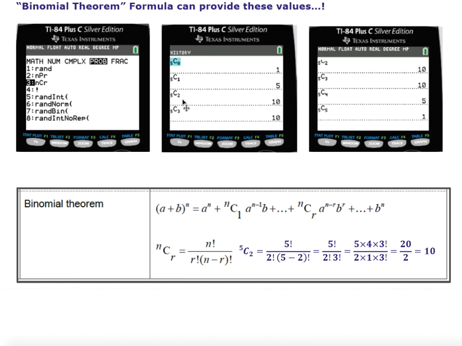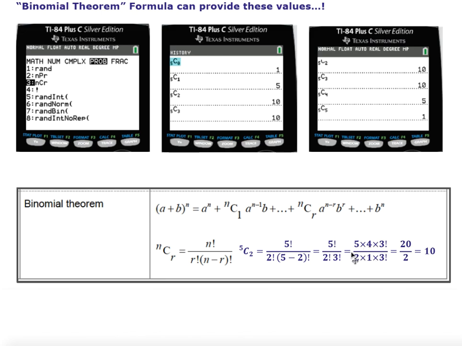So the number of ways we can combine 2 out of 5, which the GDC gives you as 10, which comes from, again, that Pascal's triangle arrangement, you end up getting n of 5 factorial over r of 2 factorial, 5 minus 2 factorial. What is a factorial? That just means 5 times 4 times 3 times 2 times 1.